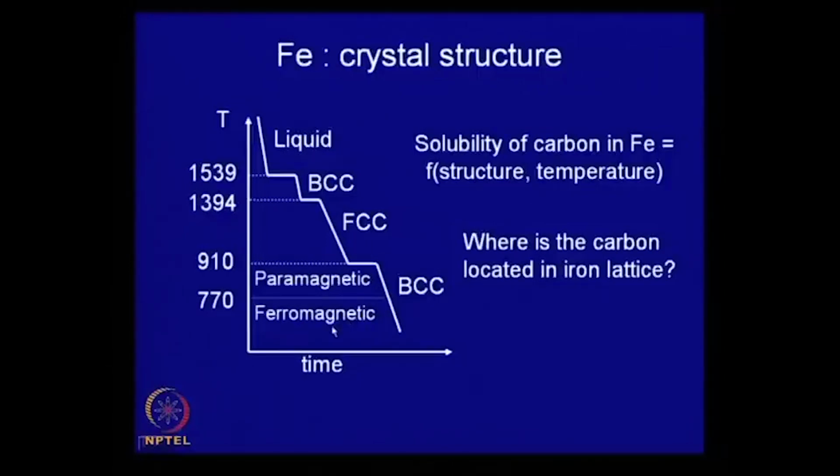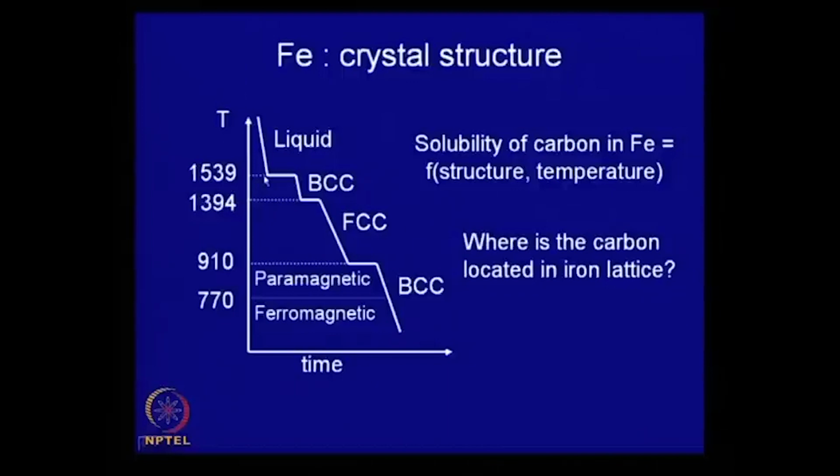So, as you heat iron from room temperature to its melting point, it will convert from the ferromagnetic state to the paramagnetic state at the Curie temperature. Then from the paramagnetic BCC crystal structure, it gets converted into a face centered cubic. Again at 1394, it gets converted into a body centered cubic structure, and then melting takes place at 1539.